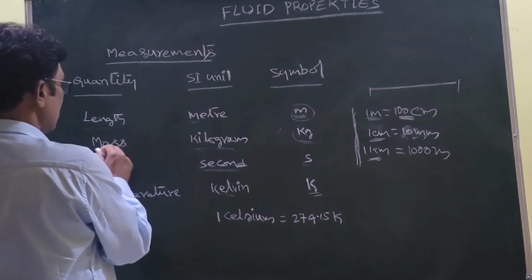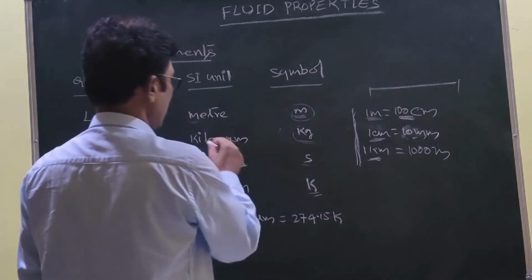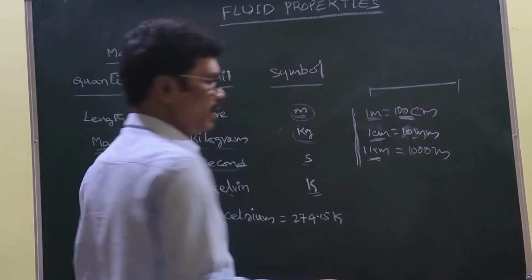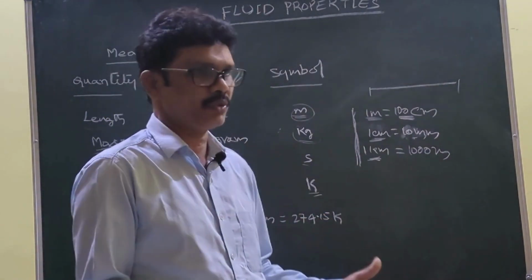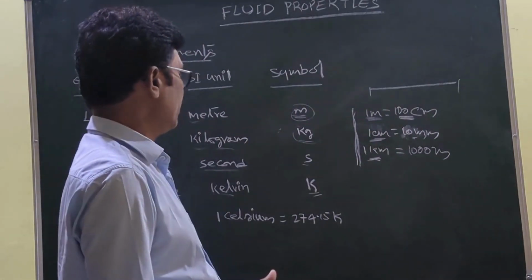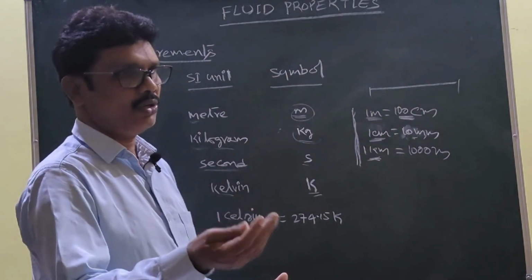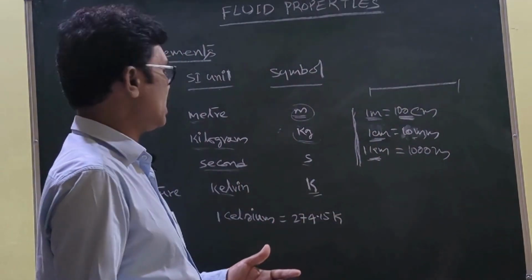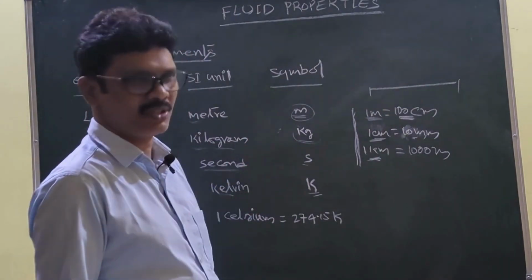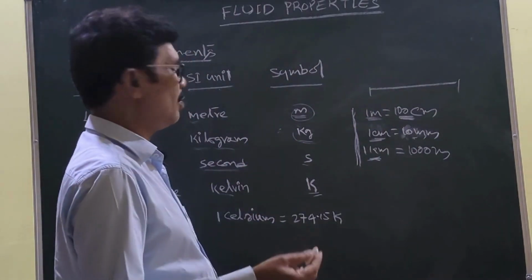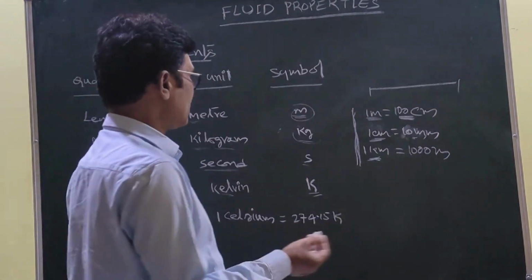Coming to mass, the unit is kg. Depending on the weight, if it is a huge size we cannot express it in kgs, so we use tons.